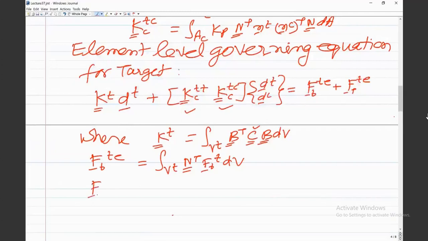And this Ft for the target element level governing equation is integration over the area of the target where the traction is acting. So this is equal to N transpose into Tt dA. We have already defined all other quantities. So this is the element level governing equation you get for the target body.